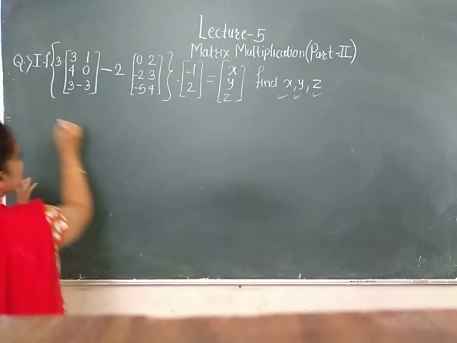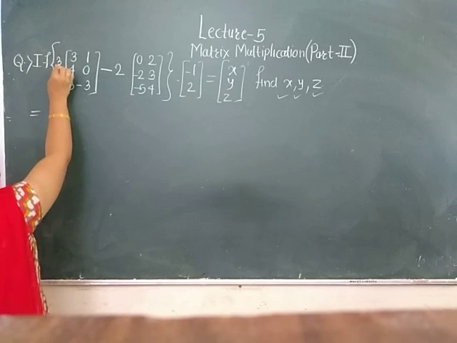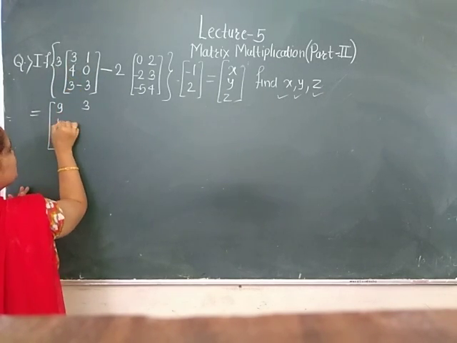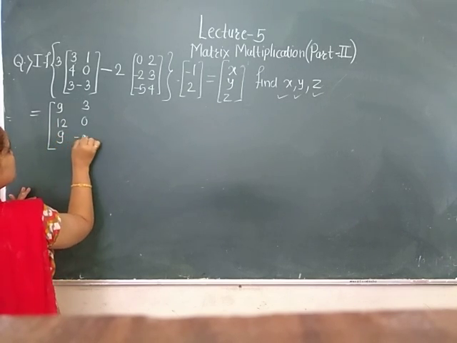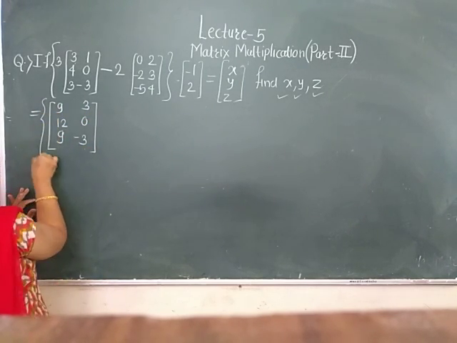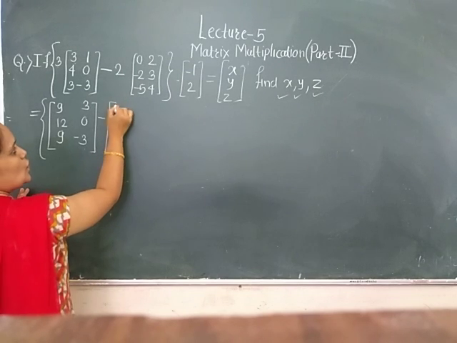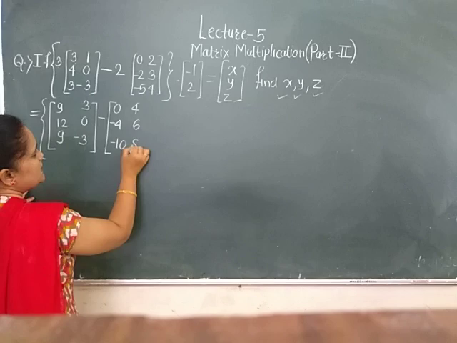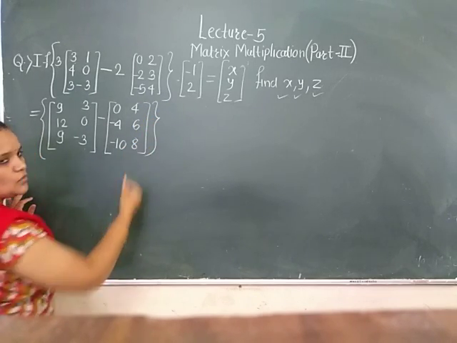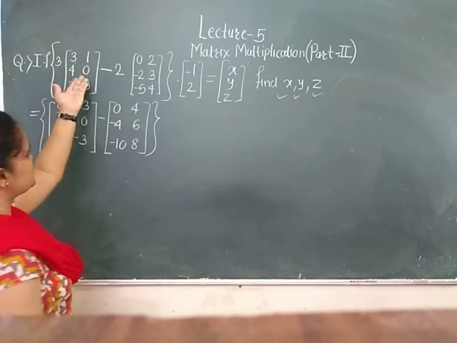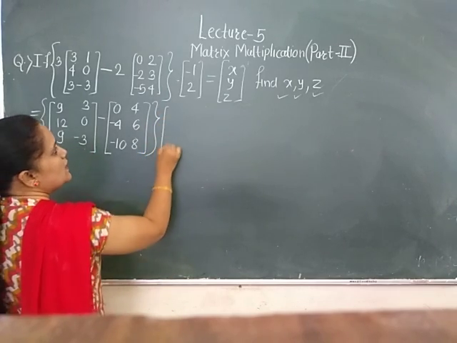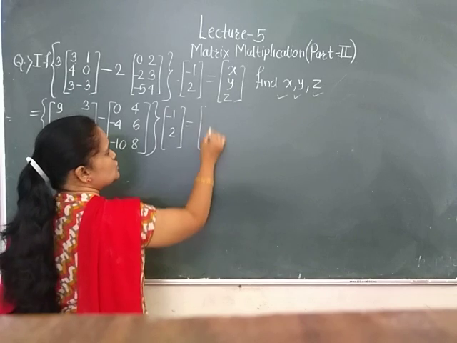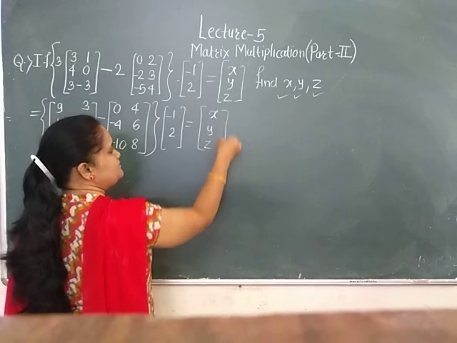So let's do that. Here it is 3 into 3 is 9, 3 into 1 is 3, 3 into 4 is 12, 0, 9, minus, 2 into 0, 4, 4, 6, minus 10, 8. Hope you understand. This is very simple. Multiplied by 3, multiplied by 2, and the column matrix minus 1, 2 as it is, equals x, y, z.